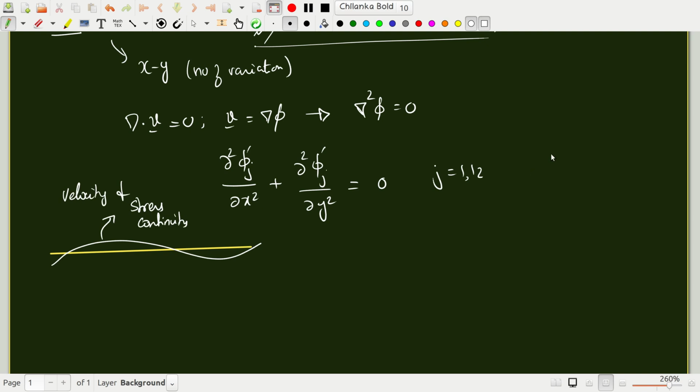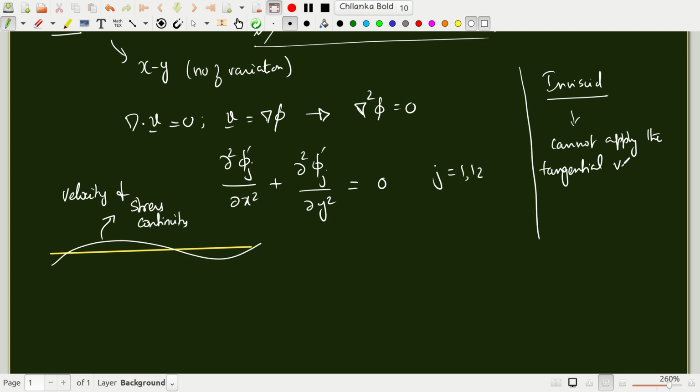Now since we are looking at inviscid fluid, we are making the inviscid flow approximation. This means that we cannot apply the tangential velocity continuity and cannot apply the tangential stress continuity.